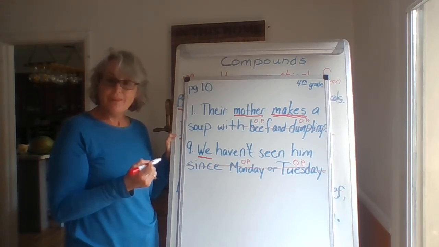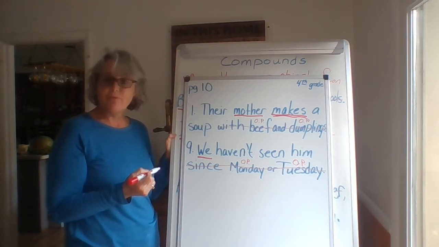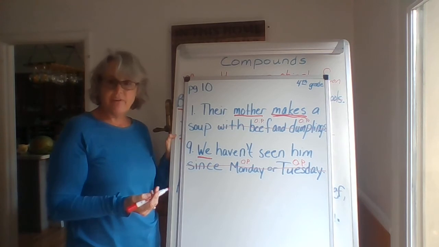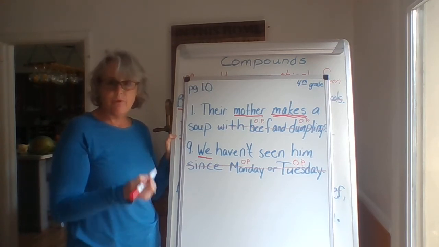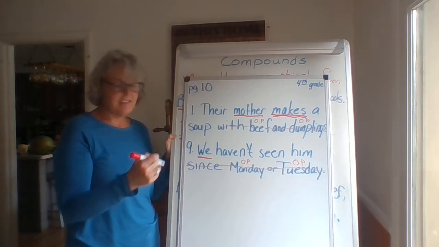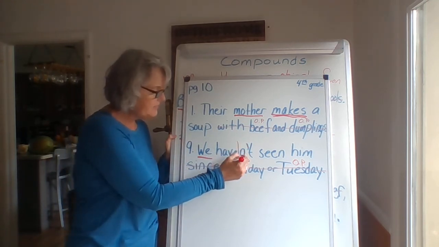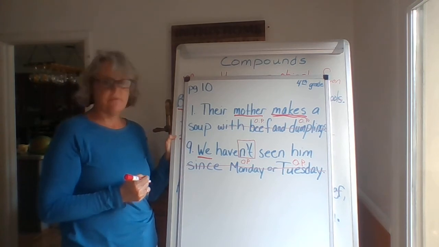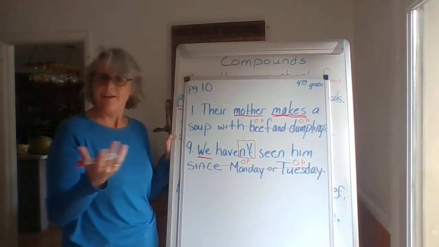So here, I really want you to be careful because there's a verb phrase. There's a verb phrase and an adverb stuck right in the middle of it. So I want you to remember when you have that not, this is an adverb. It is not part of our verb. Not is not part of the verb.